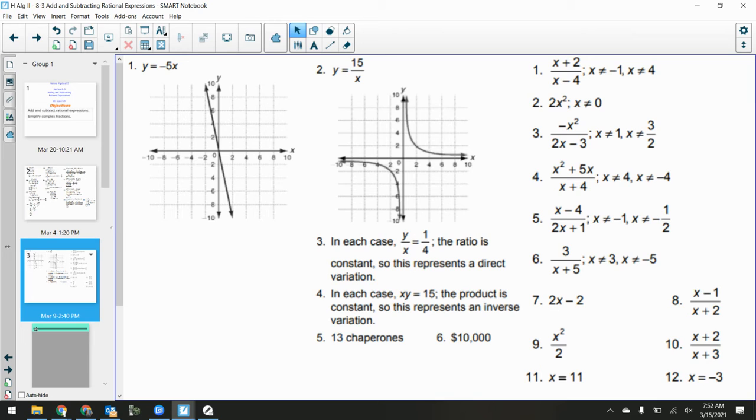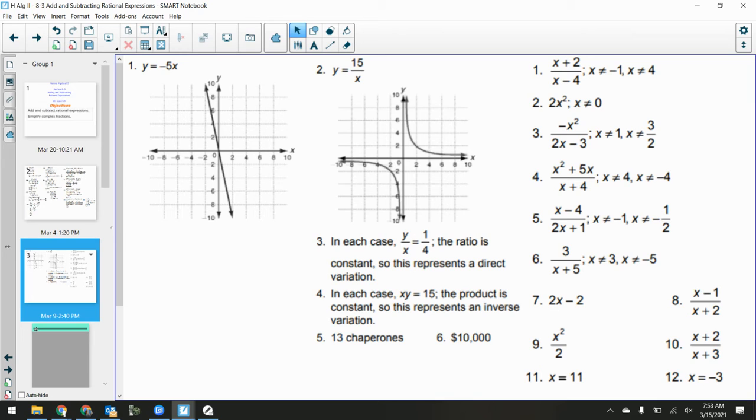Factors of -5 that add to positive 4: positive 5, -1. Factors of 10 that add to 7: positive 5, positive 2. Canceling the 5s, that gives me x minus 1 over x plus 2 is equal to 4. Multiply the x plus 2 over to the other side.